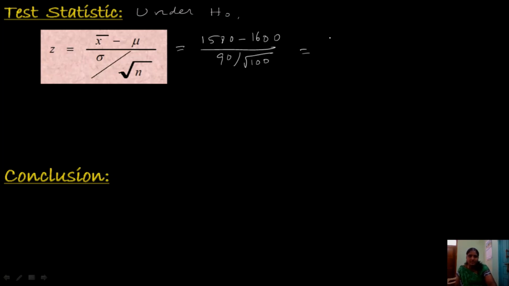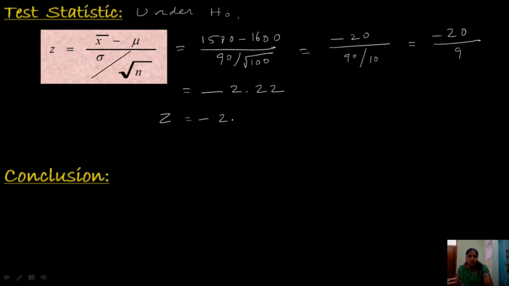By subtracting these we get minus 20 in the numerator over 90 divided by the square root of 100, which is nothing but 10 itself. That is minus 20 over 90 over 10, which is 9 itself. So by dividing minus 20 by 9 we get negative 2.22. So the value of z is minus 2.22.